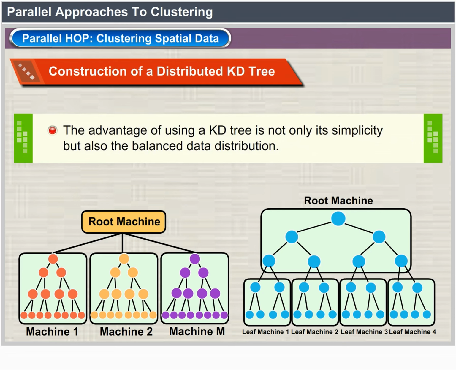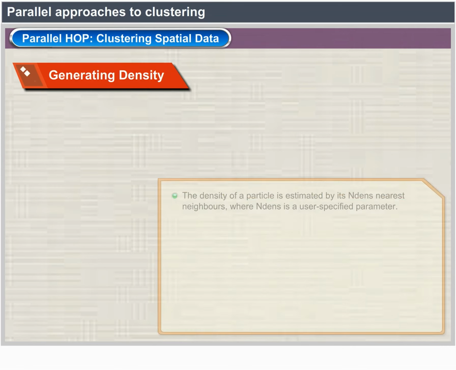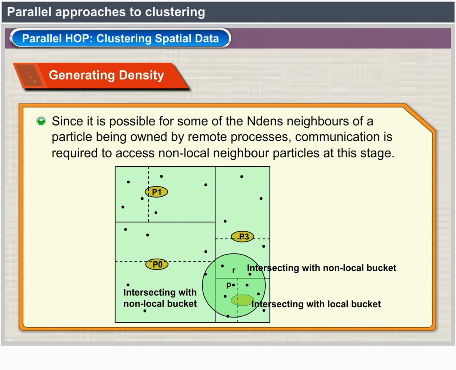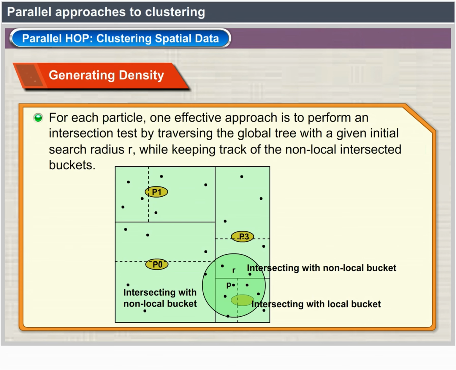Generating density. The density of a particle is estimated by its n-dense nearest neighbors, where n-dense is a user-specified parameter. Since it is possible that some of the n-dense neighbors of a particle are owned by the remote processes, communication is required to access non-local neighbor particles at this stage. One effective approach is, for each particle, to perform an intersection test by traversing the global tree with a given initial search radius r, while keeping track of the non-local intersected buckets.